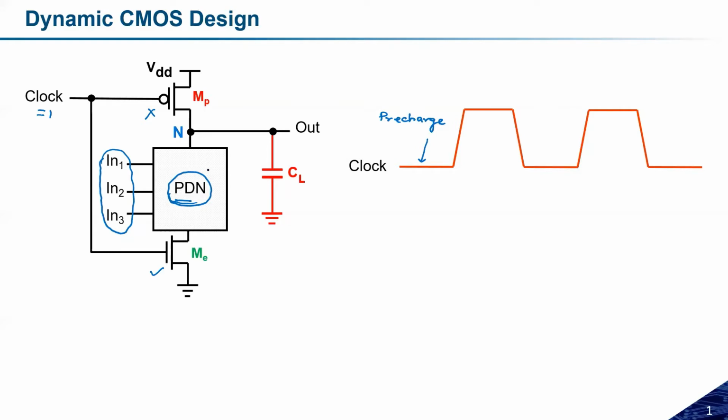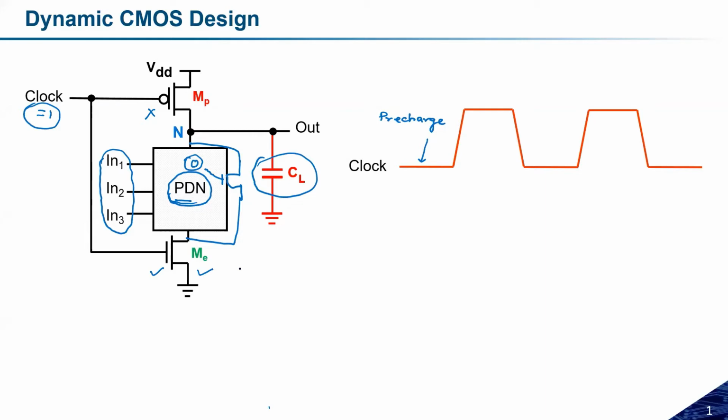Suppose I have one simple NMOS transistor in between the dynamic node and the ground, and let us assume this input is equal to 0. Even though I have provided clock 1 and ME is in on state, if the input is equal to 0, the load capacitance will still not be discharged because it will not get a path to discharge.